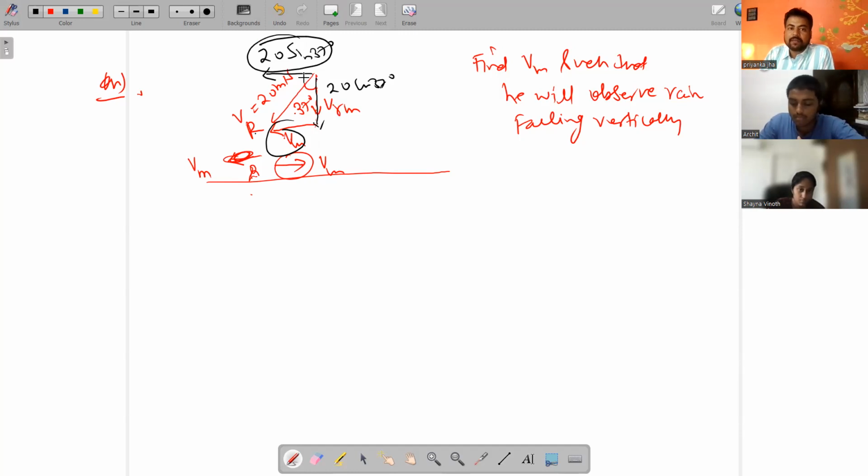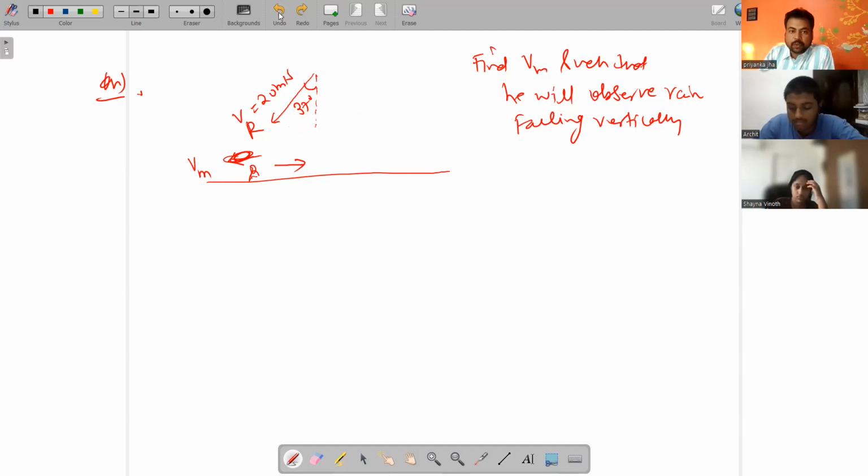So now finally you will have net velocity towards this direction and vertically down as well. So net velocity will be somewhere like this. So it won't be seen as coming vertical. So man cannot go right. So man has to go left.